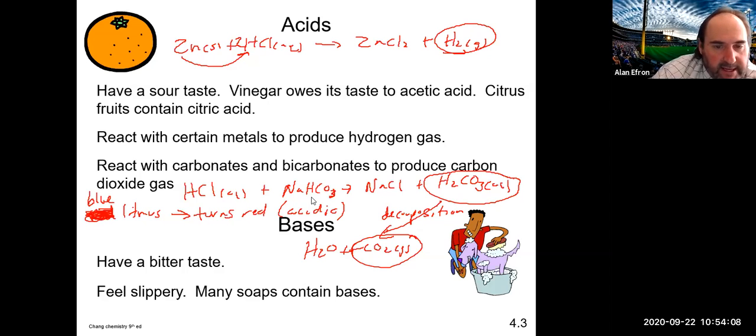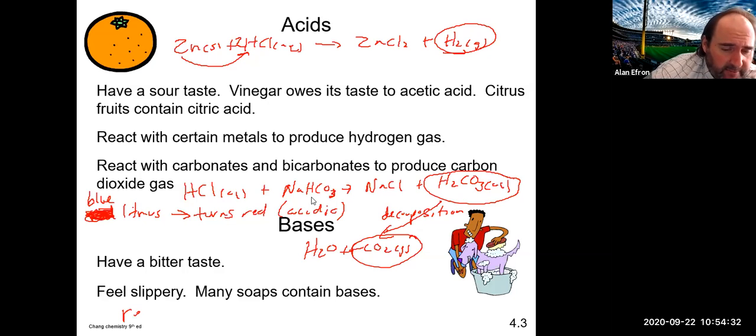Bases, on the other hand, have a bitter taste. Again, you shouldn't be tasting bases. They also feel very slippery. A lot of soaps are bases. Drain cleaners are bases as well. So those are common characteristics of bases.